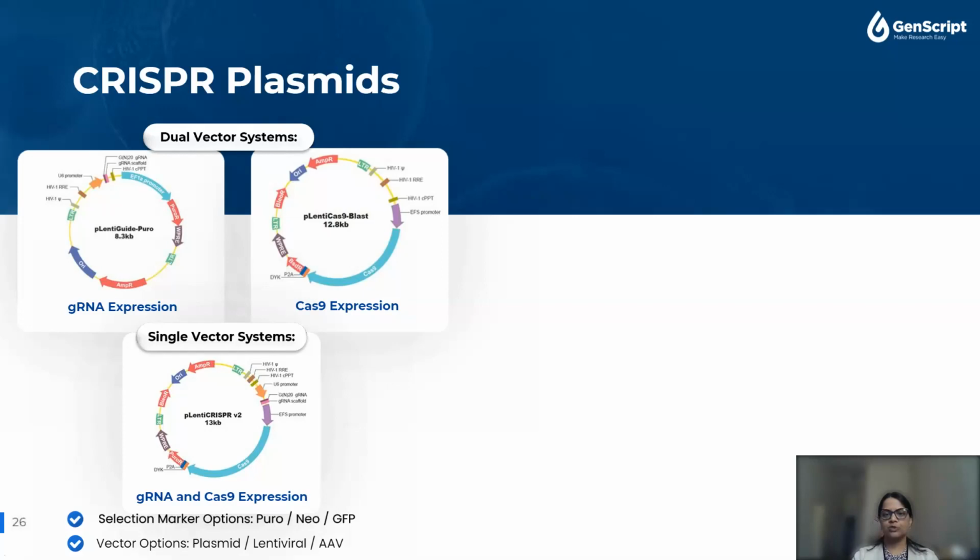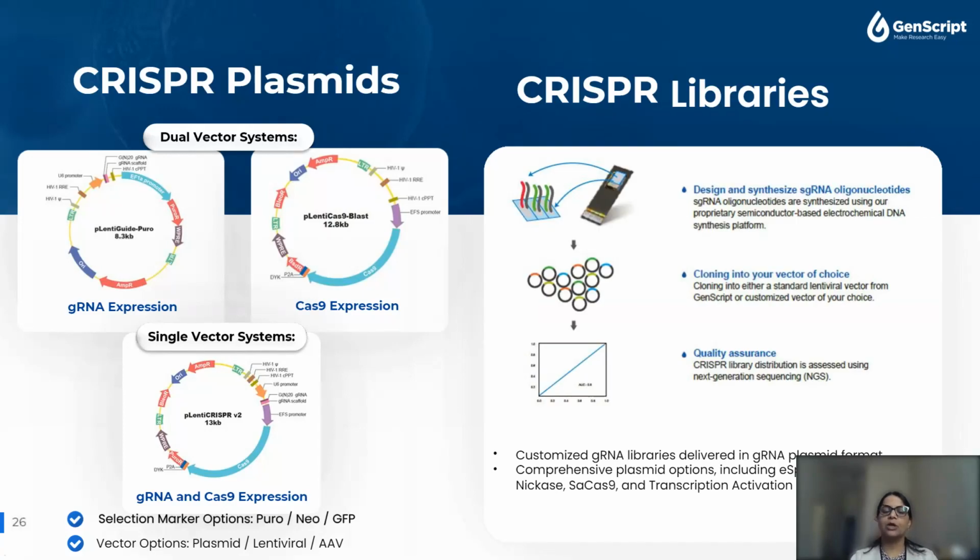And GenScript also provides the CRISPR gRNA library option from the Broad Institute, and these include the gene knockout library for human and mouse, including the CRISPR SAM library for activating genes in both human and mouse.